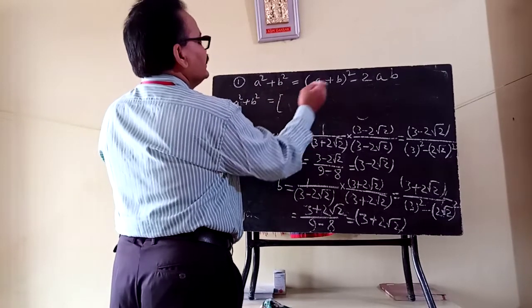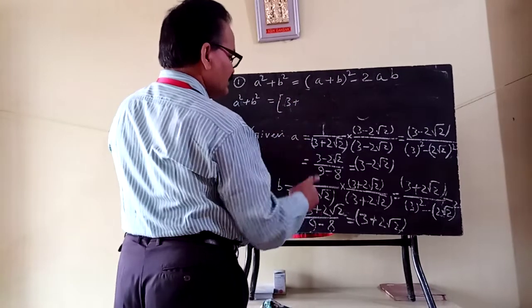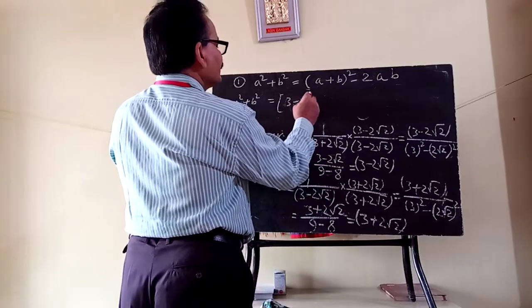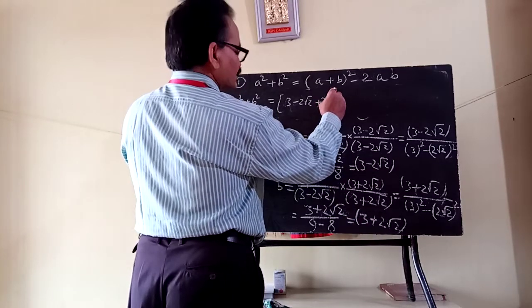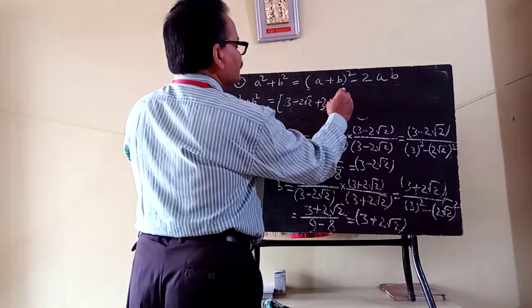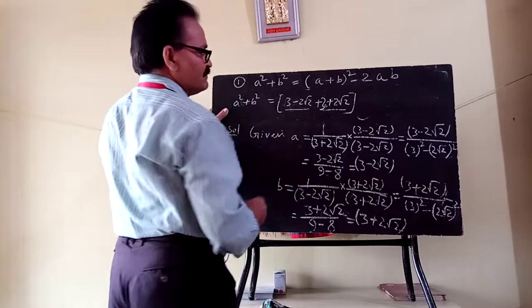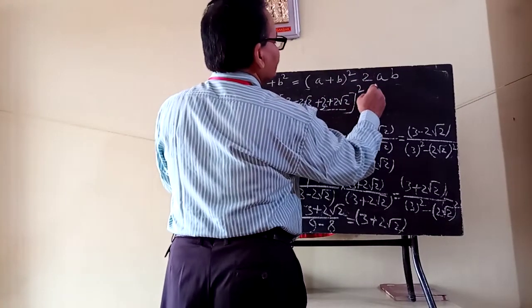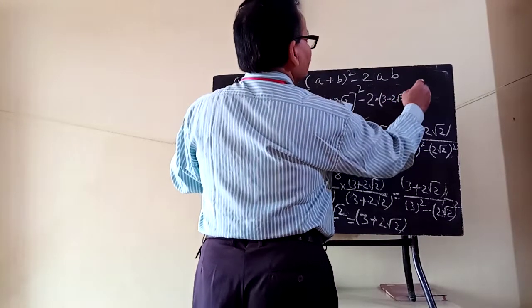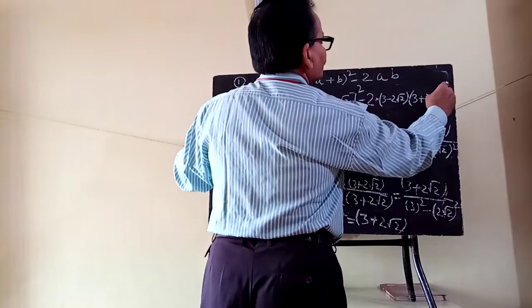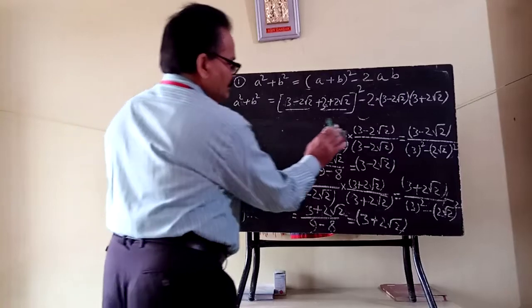Here a plus b whole square: a is 3 minus 2 root 2 plus b is 3 plus 2 root 2, bracket close. This is for a, this is for b. And a square, minus 2 into 3 minus 2 root 2 and b is 3 plus 2 root 2. Okay. Now for space I have to remove all these.